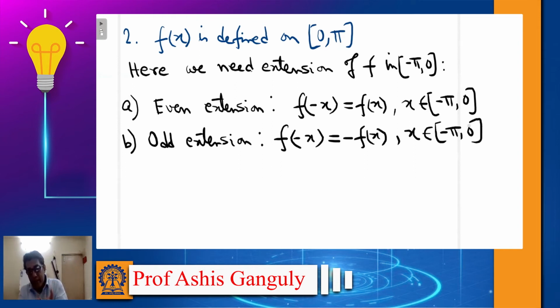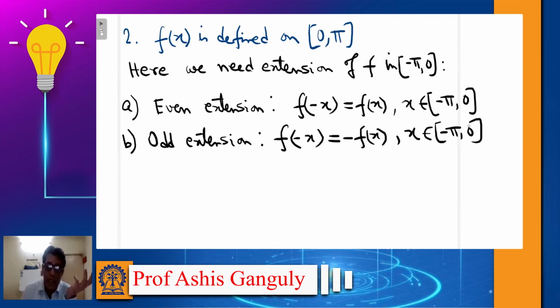So then, as in special case 1, you can now construct a function capital F, which will be equal to the extended f(x) on minus pi to pi.